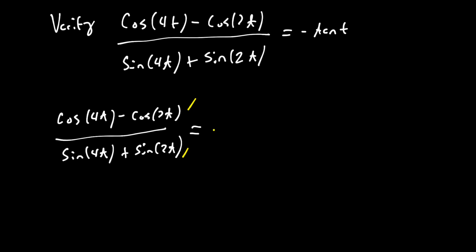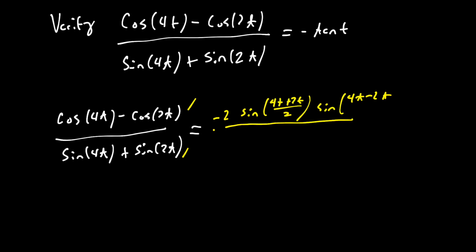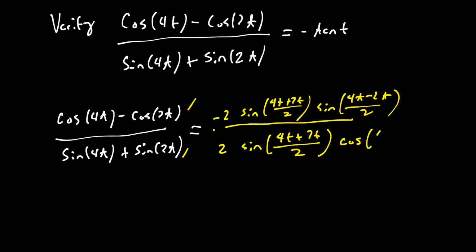And so this is going to be equivalent to negative 2 times a sine of 4t plus 2t divided by 2 times a sine of 4t minus 2t divided by 2, divided by 2 on the bottom times our sine of 4t plus 2t divided by 2 times cosine of 4t minus 2t divided by 2.